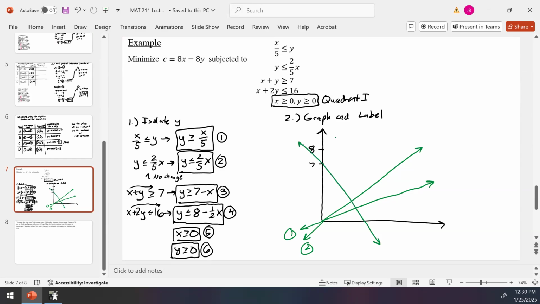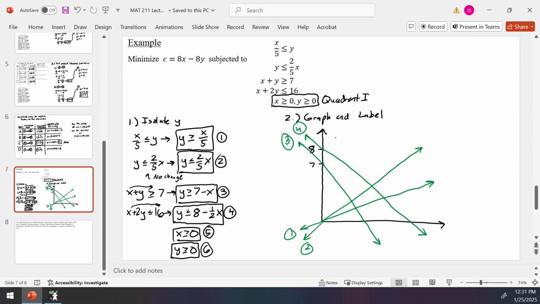So you have to be careful here. The more negative you are, the steeper you are going downwards, right? And the less negative, or the closer you are to 0, the flatter you're getting. So the 8 minus 1/2 x is actually going to be a little bit flatter and it's going to look like that, right? So you have to be careful with the negative ones because they often are very tricky.